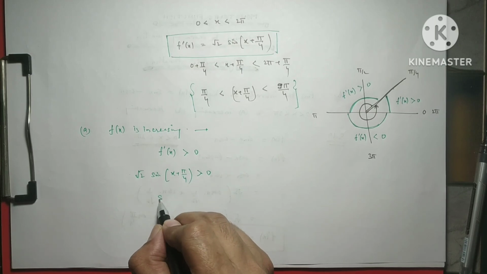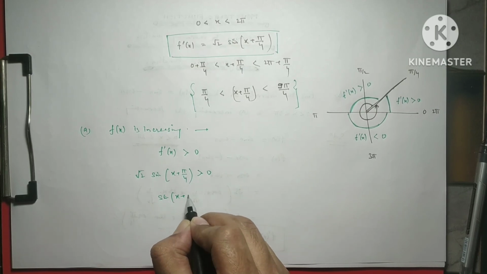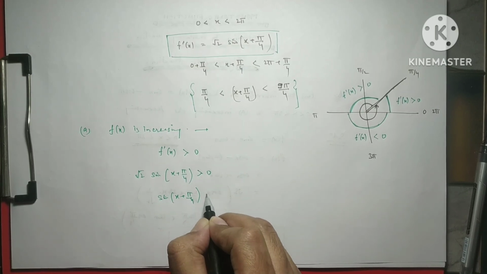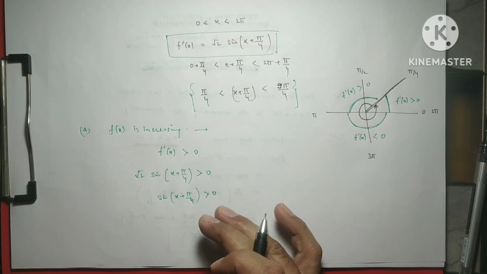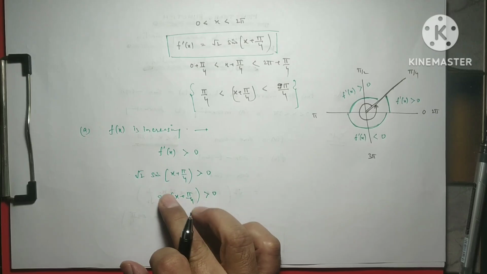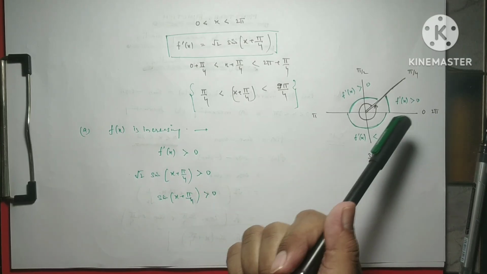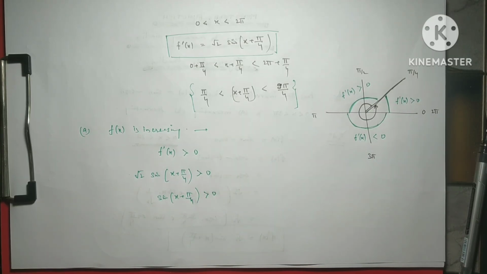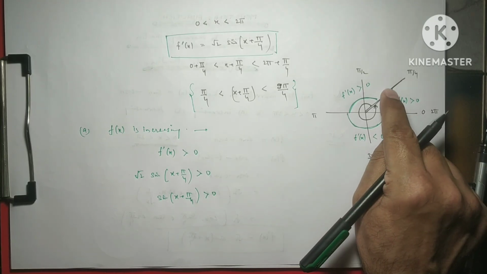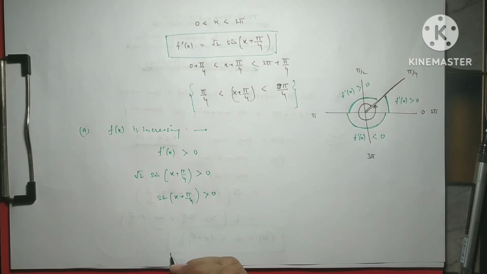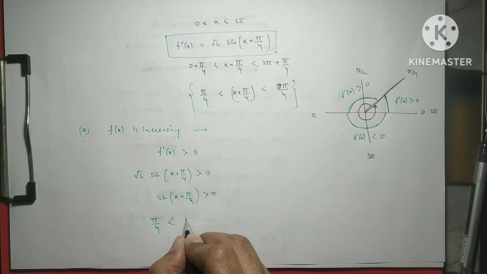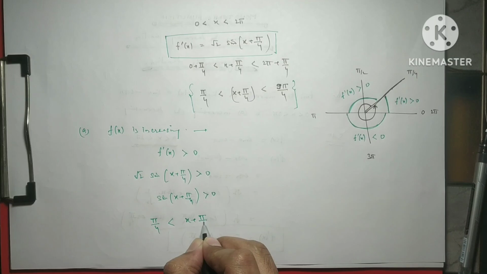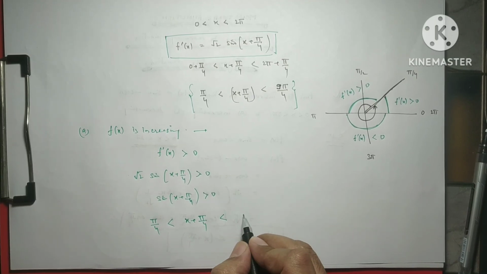So sin (x plus pi by 4) is greater than 0, meaning positive values of sine, which lie in the first and second quadrant. So it will go from pi by 4 to pi, that is, x plus pi by 4 lies between pi by 4 and pi.